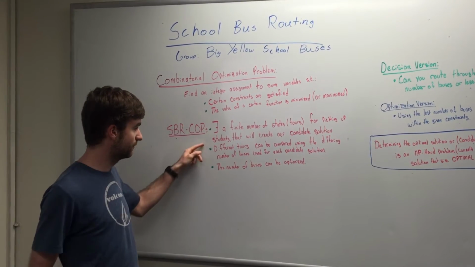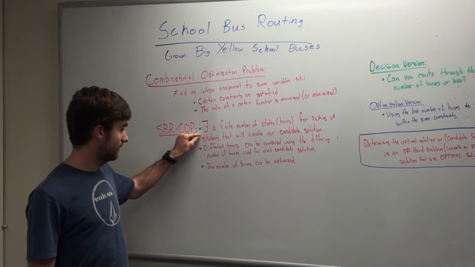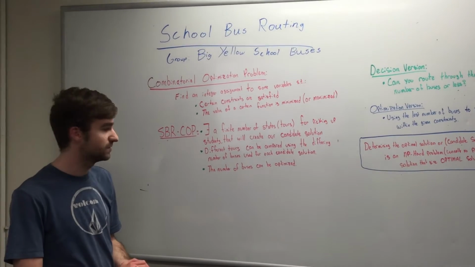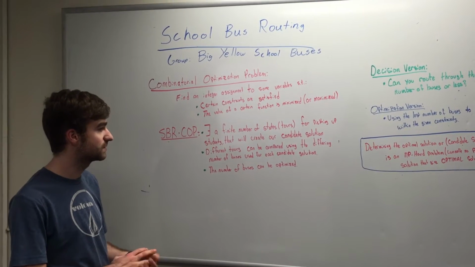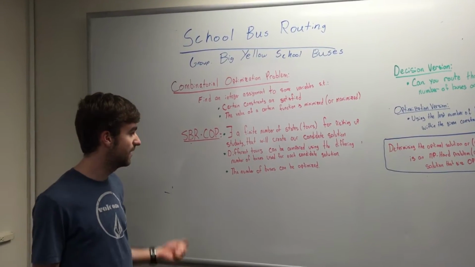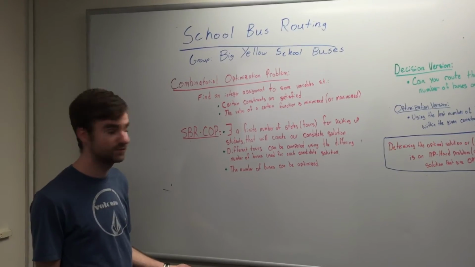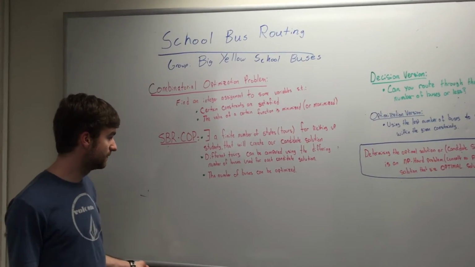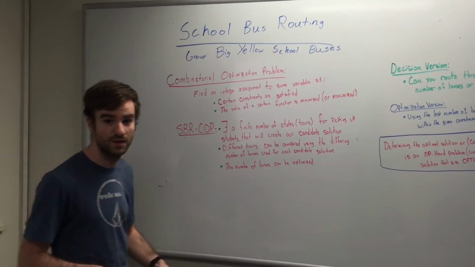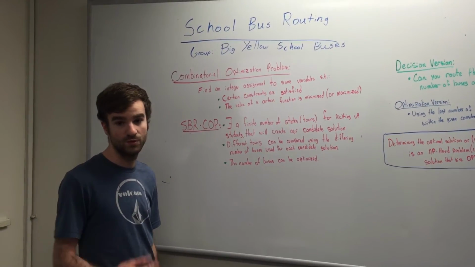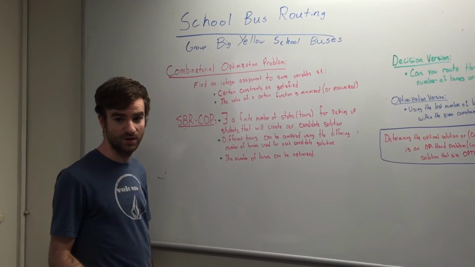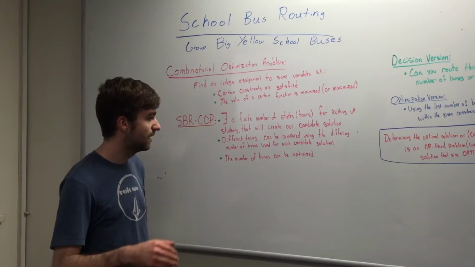In our case, we're looking for a set of finite number of states or tours that can pick up the number of students given the certain constraints in this problem, which are the distance that a school bus can travel and the capacity that the school bus can hold for the number of students. The different tours can be compared using the differing number of buses, where the minimum number of buses would be our most optimal solution.